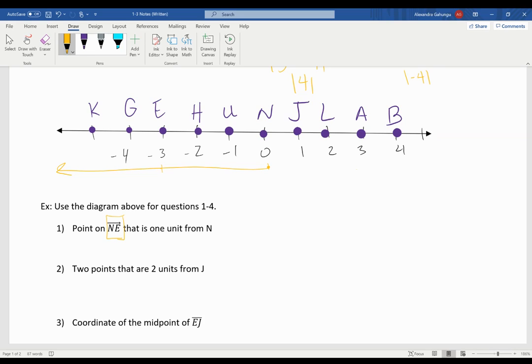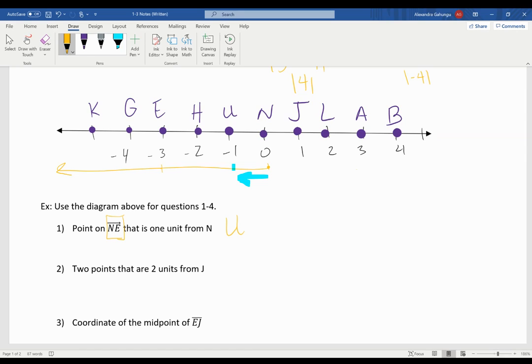So we need a point on NE, so all of these, N, U, H, E, all the way in that direction are all points on our ray that are 1 unit away from N. Here's the thing. I have to be going in this direction. So the only one 1 unit away in this direction is going to be U. So the only point 1 unit away from N going in the direction to the left is U.